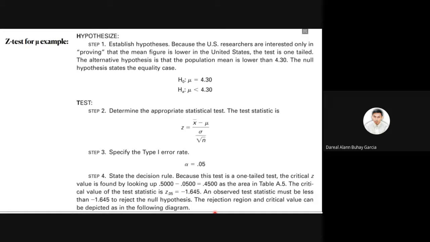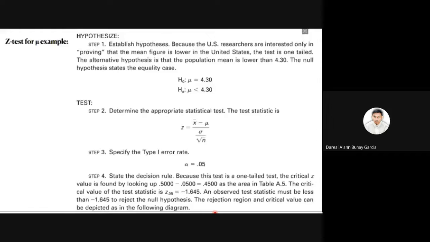Because it's a one-tailed test and 0.5 signifies one half of our bell curve. So 0.5 minus 0.05 is 0.45, as an area in table 8.5.